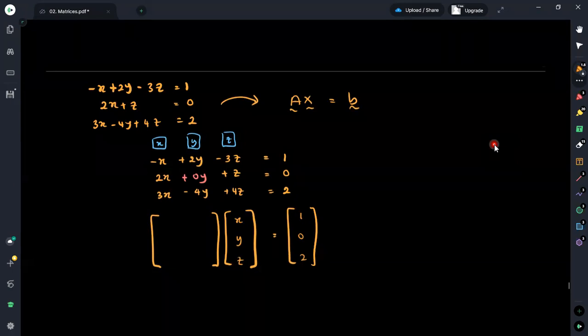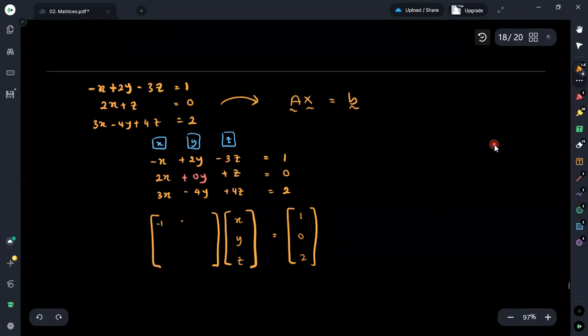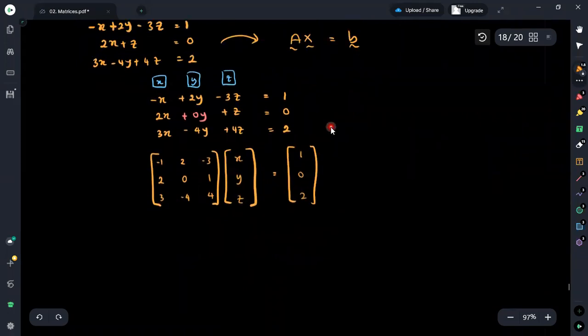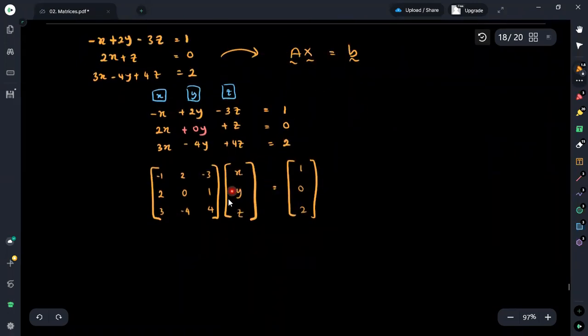Therefore, the first row is minus 1, 2, minus 3, then 2, 0, 1, then 3, minus 4, and plus 4. This is our matrix.